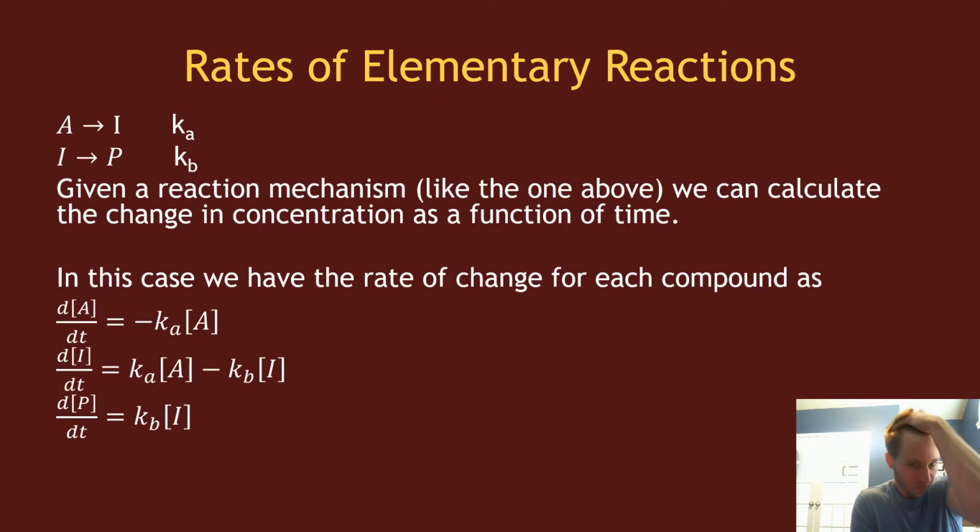So here we're going to finish up this video with one example. We're going to solve for the concentration of A, the concentration of I, and the concentration of P as a function of time for this very simple mechanism. Why we're doing this is to show you, for a very simple mechanism, just 2 steps, 1 intermediate, 1 reactant, 1 product, how complicated solving for these concentrations as a function of time can be.